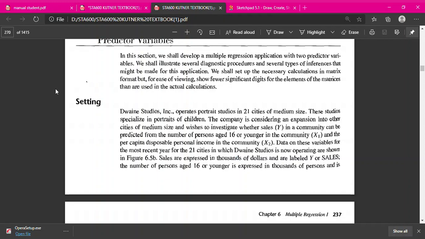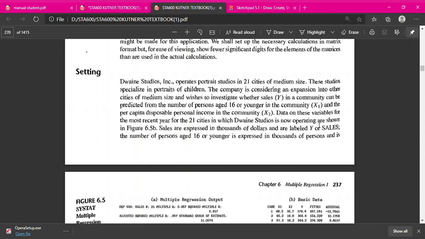Okay, let's see the example. So here it says Dwayne Studios operate portrait studios in 21 cities of the medium size. These studios specialize in portraits of children. The company is considering an expansion into other cities of medium size and wishes to investigate the sales in a community.